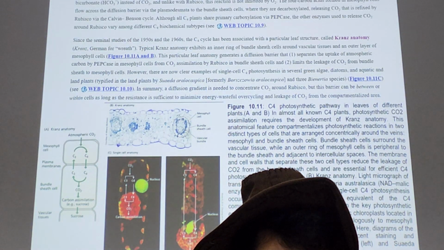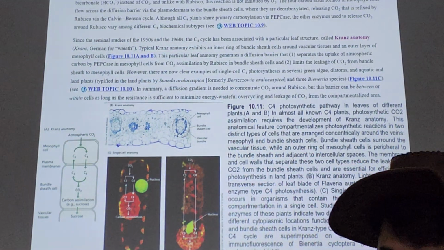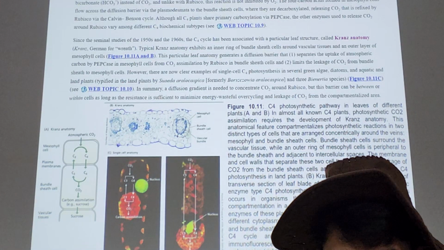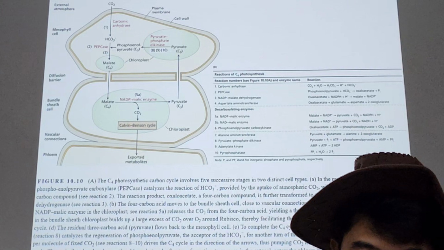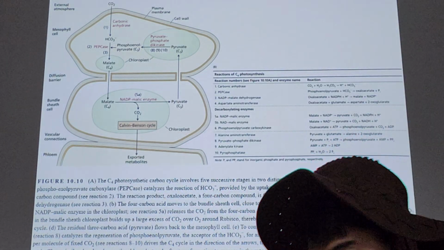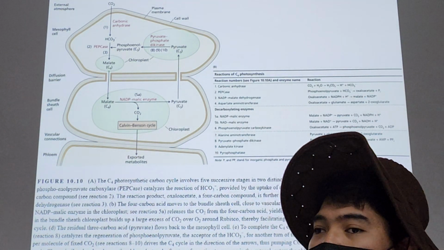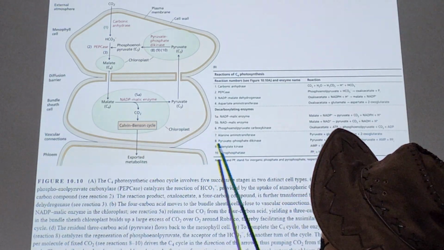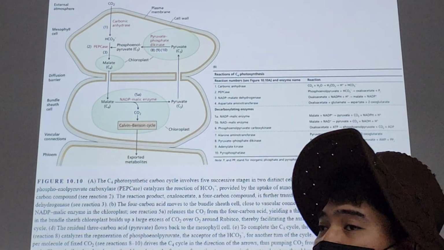Depending on the species, it will decide which enzyme to use, whether it is NAD-ME, NADP-ME, or phosphoenol pyruvate carboxykinase. Yes, 3 variants. What about corn? Corn and sorghum use the first one, the 5A, NADP-ME enzyme.